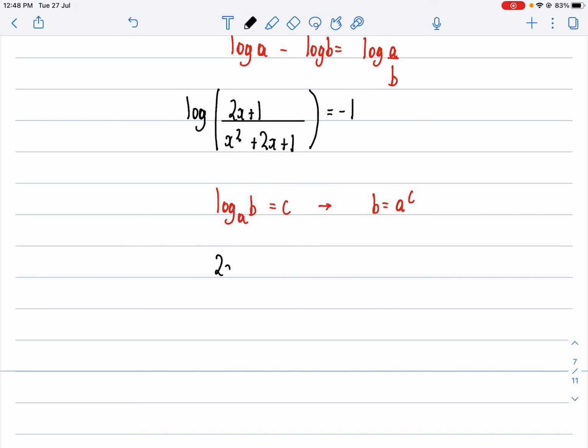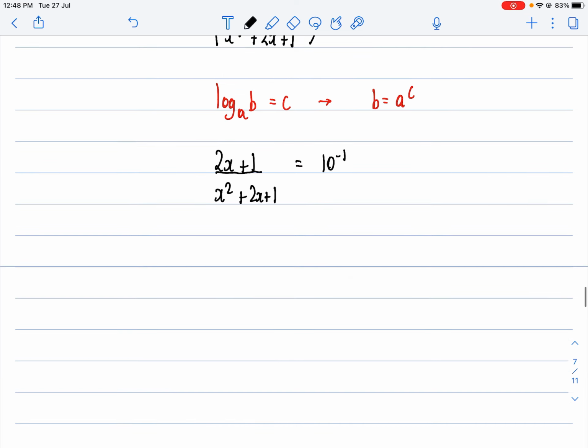So I can write this as 2x plus 1 over x square plus 2x plus 1, which is equal to 10 raised to minus 1. So I can write this as 2x plus 1, which is equal to 10 raised to minus 1, which can be written as 1 over 10, multiplied by x square plus 2x plus 1.